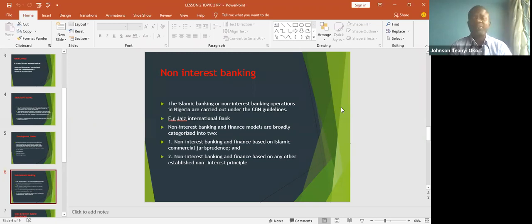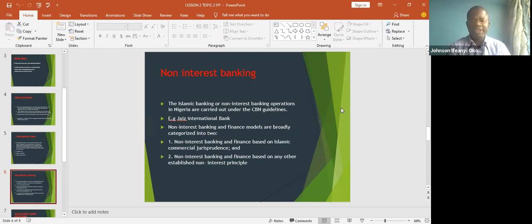A good example we have in Nigeria is Jaiz International Bank. It is important to know that non-interest banking in Nigeria is categorized into two.